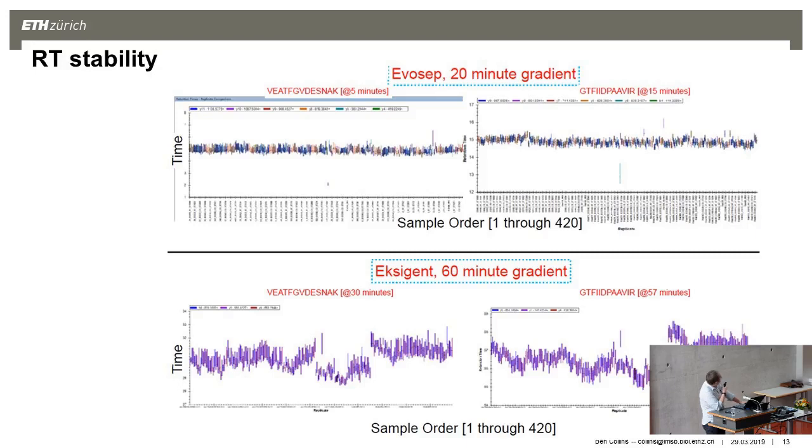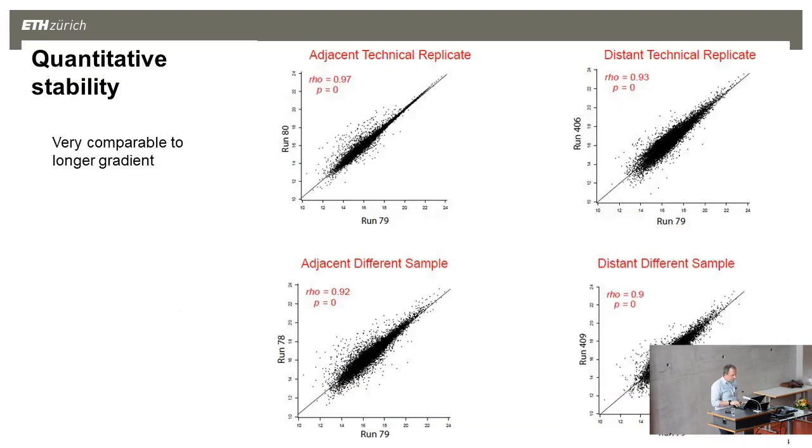These are the same two iRT peptides in our nano-LC 60-minute gradient, and I think you can appreciate that the stability in the retention time domain is actually very nice, and I think these jumps here are also LC column changes. So this already looks pretty good.